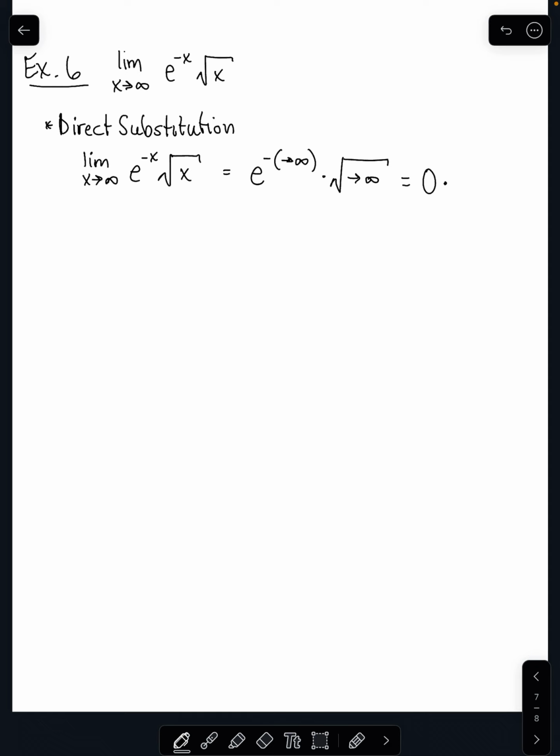So if the value we are taking the square root of becomes infinitely large, its square root will eventually become infinitely large. The way to get around an indeterminate form that results in 0 times infinity is usually quite simple. We simply have to reciprocate one of the 2 factors.